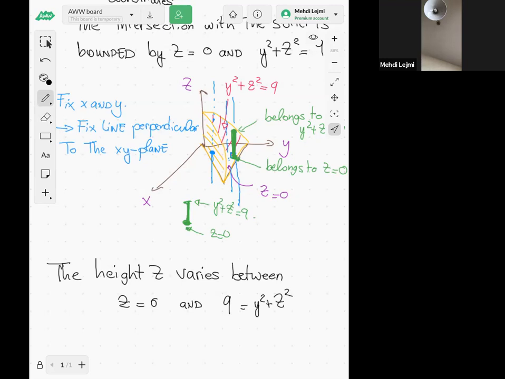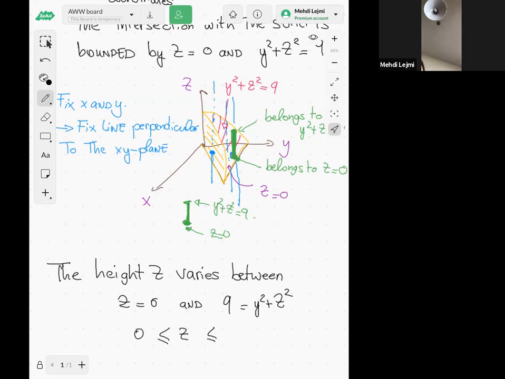And of course, my solid is above the XY plane, so the height z here is positive. So my z is larger than 0.